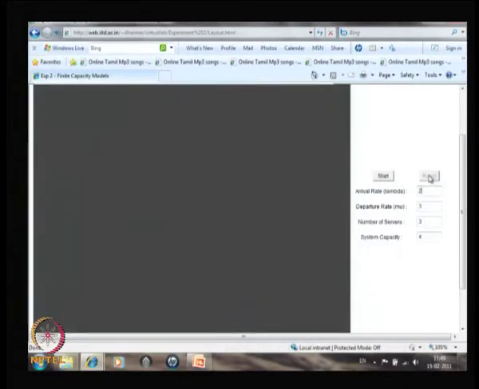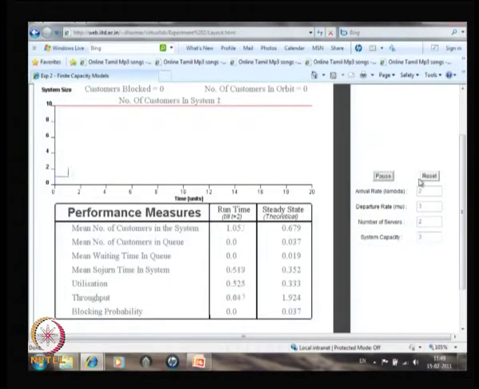So, maybe I can reset, with the number of servers 2 and the capacity 3. The blocking probability is this much.